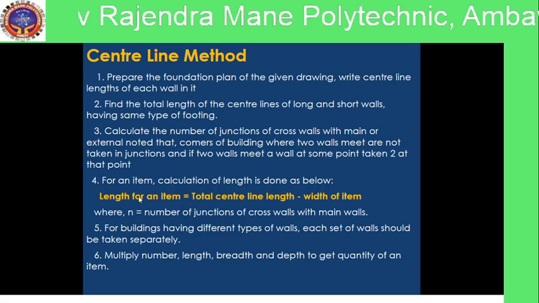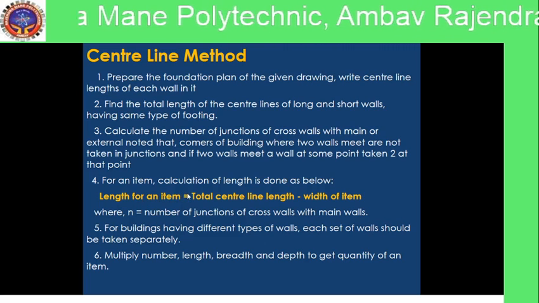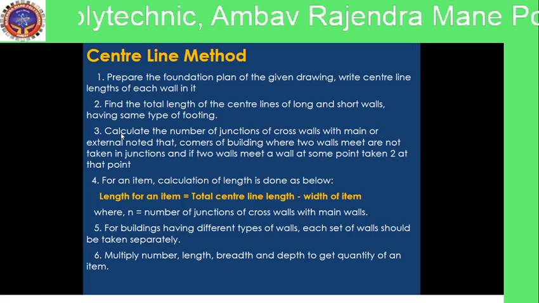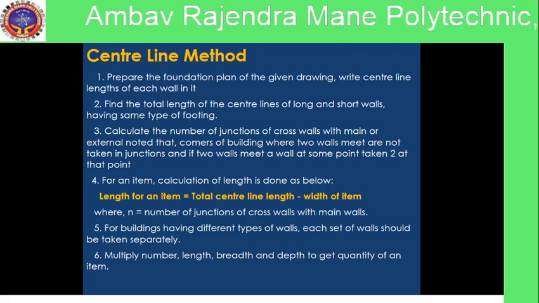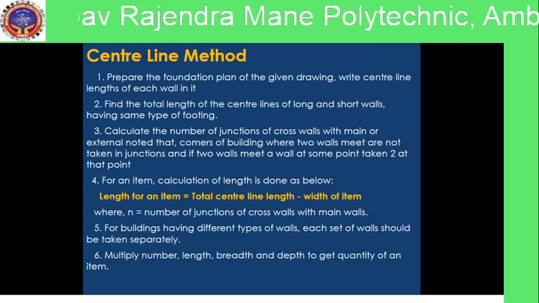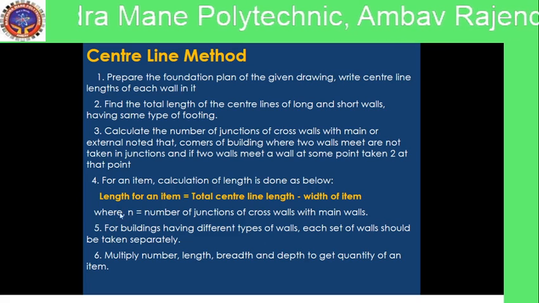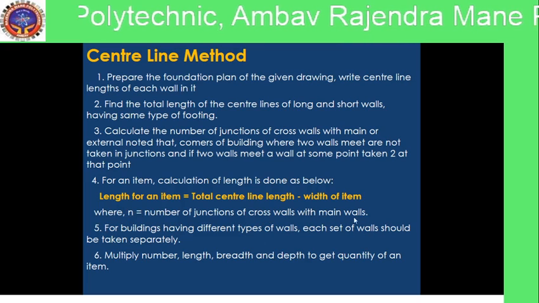For a footing, calculation of length is done as below. The length for a footing is equal to total center line length minus n times the width of the footing, where n is the number of junctions of cross walls with the main wall.